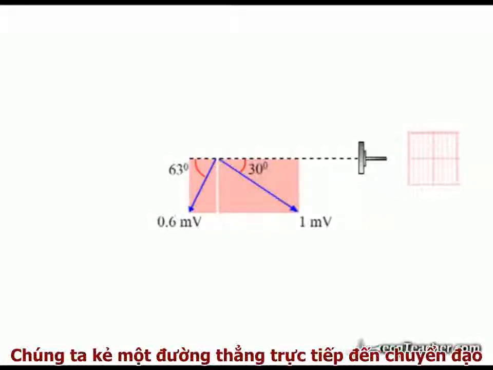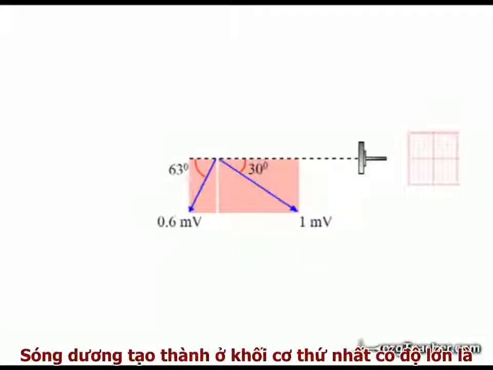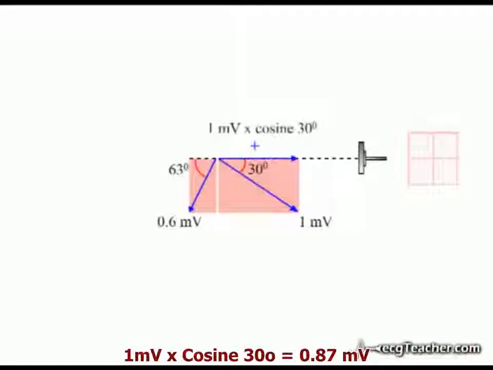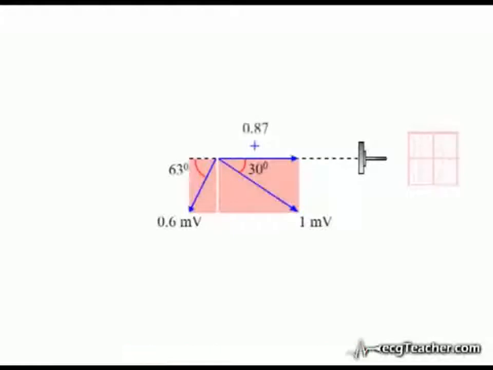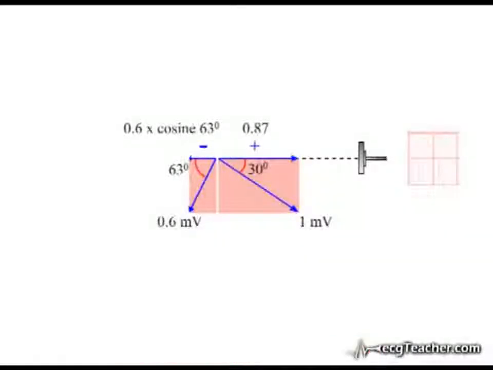Well, if we let the direct line to the lead define the x-axis, the positive signal generated from section 1 is 1 millivolt multiplied by the cosine of 30 degrees. This works out at 0.87 millivolts, while the negative signal is 0.6 millivolts multiplied by the cosine of 63 degrees. This works out at 0.27 millivolts.